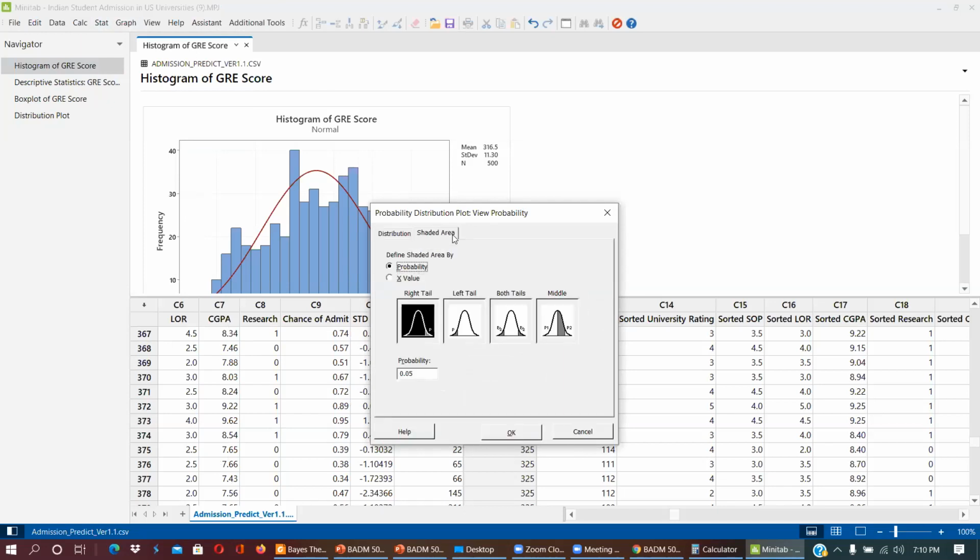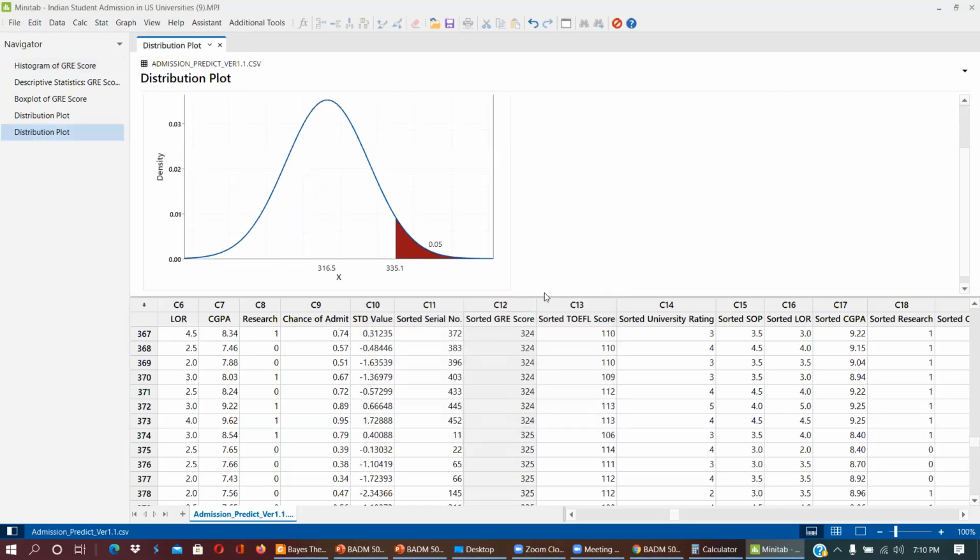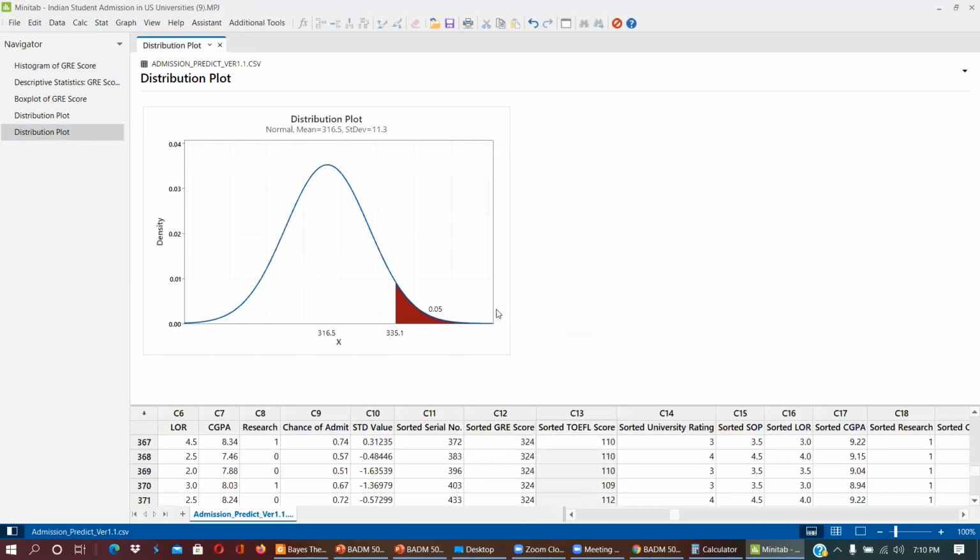Now I would like to know what would be the 95 percentile cutoff of this GRE. So look into that. This is 335.5.